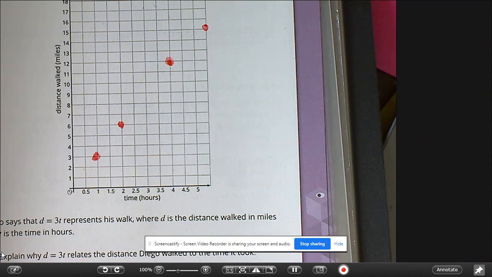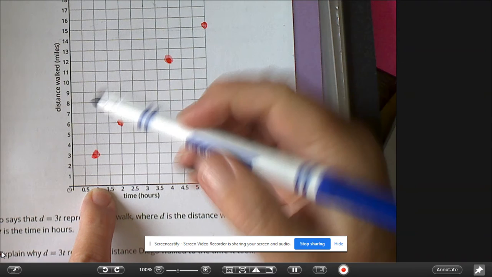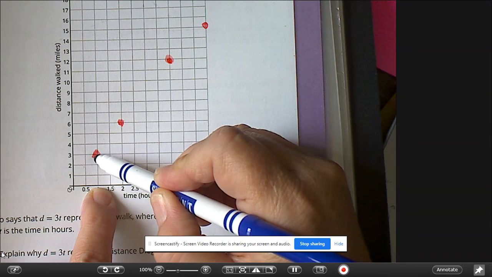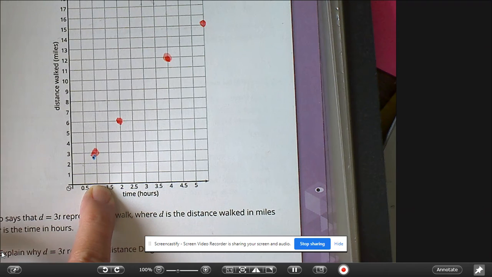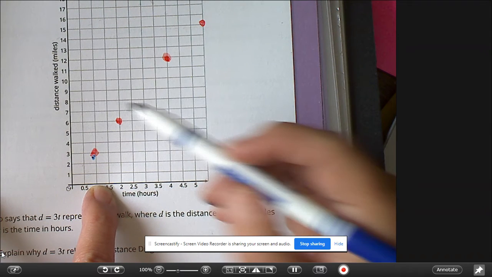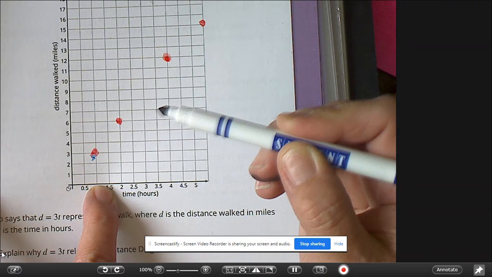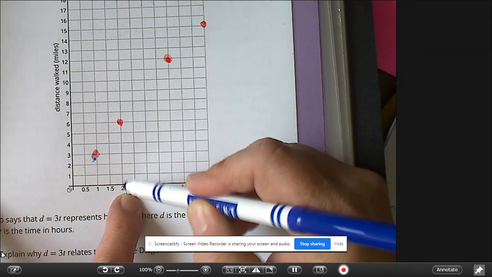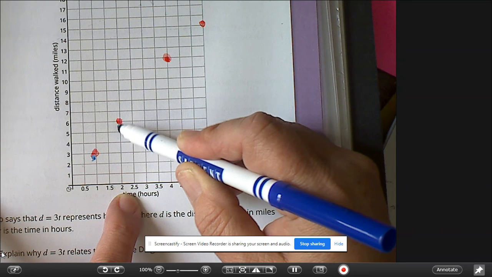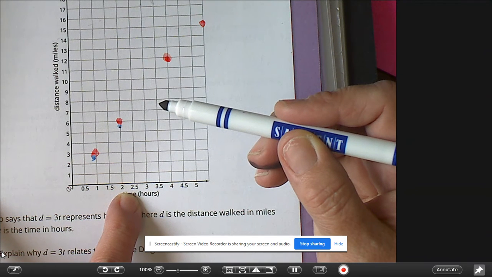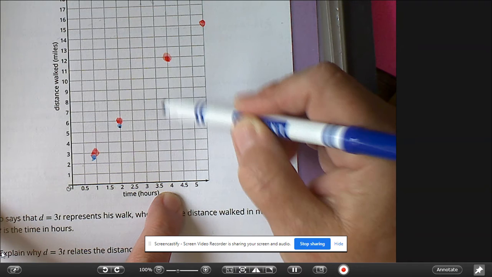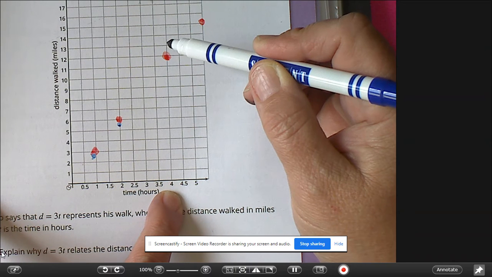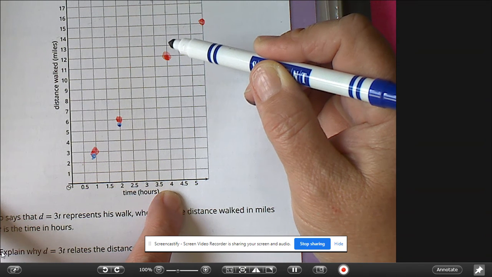Then we're going to use the chart to do Elena. So in one hour, Elena walked 2.75. It doesn't have that exactly on the graph, but it's almost at 3, right? And then in 2 hours, Elena walked 5.5. So right in the middle there. In 4 hours, she walked 11.